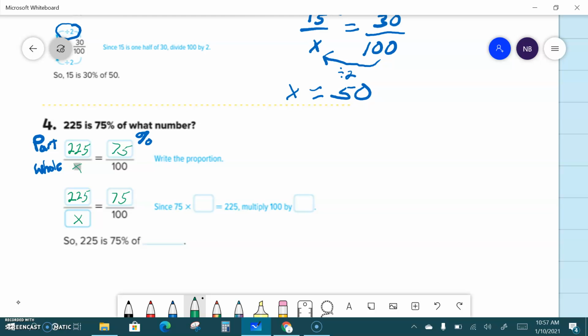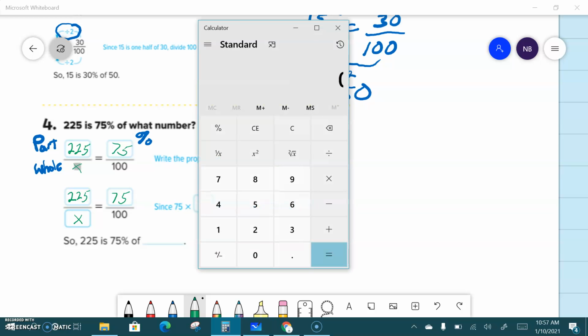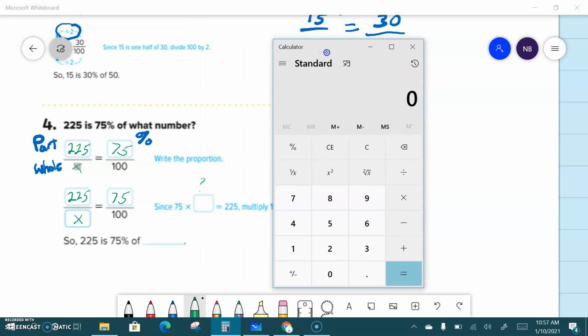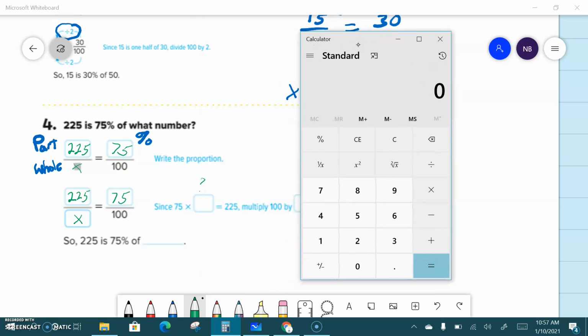So we have to say 75 times what equals 225. We can do that by going backwards and saying 225 divided by 75 equals 3.